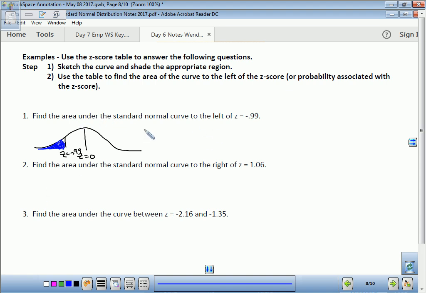Okay, so that area under the curve is the same as the probability. So if we're looking for the probability that our Z-score is equivalent to negative 0.99, left is like less than. So it's less than negative 0.99.